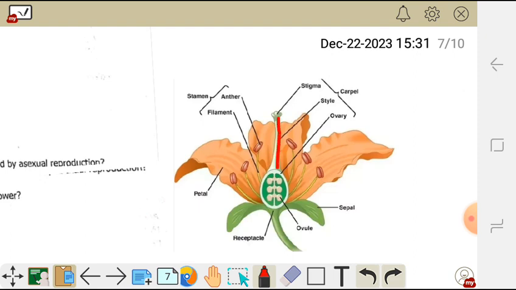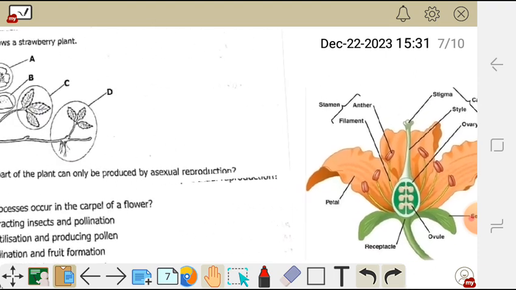The style is the stalk which is holding the stigma, and the ovary is where we have the ovum. Those three parts are what we call the carpel, the female part. And then the stamen is the male part.